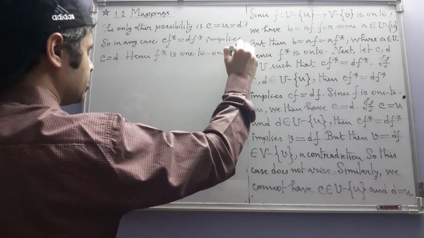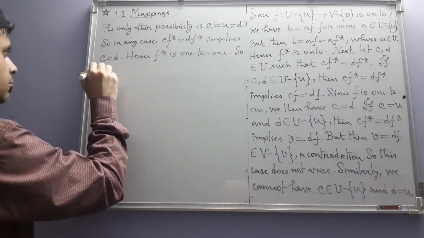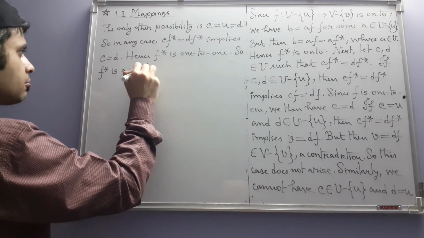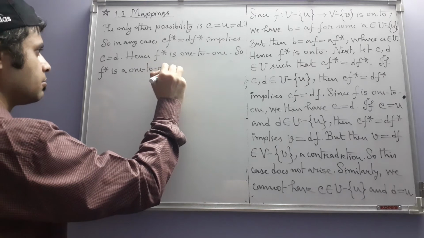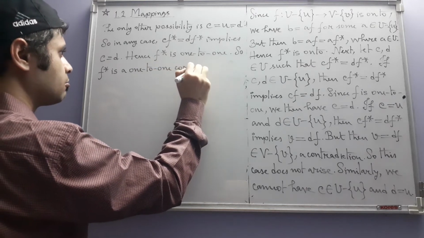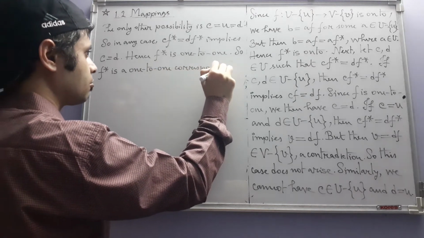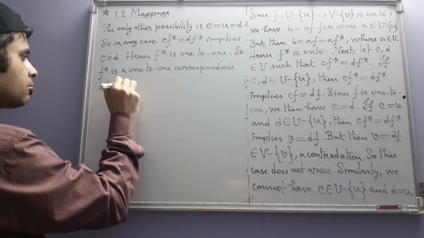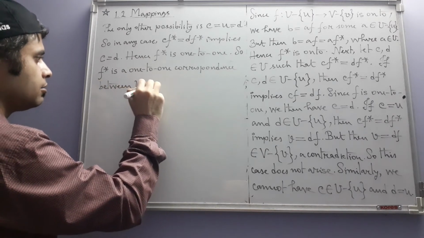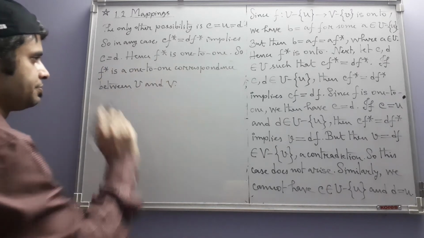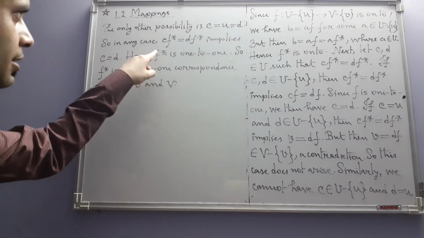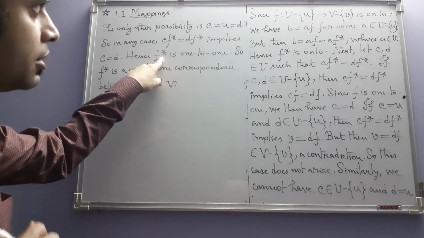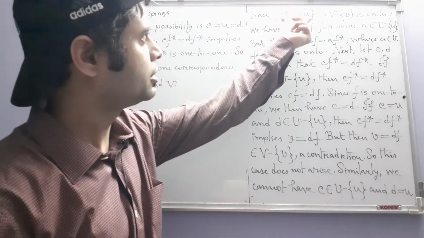So, and let us just write that f star is a 1-to-1 correspondence between U and V. Now, since f star is coming from f, what was f? f was a 1-to-1 correspondence between this and this.